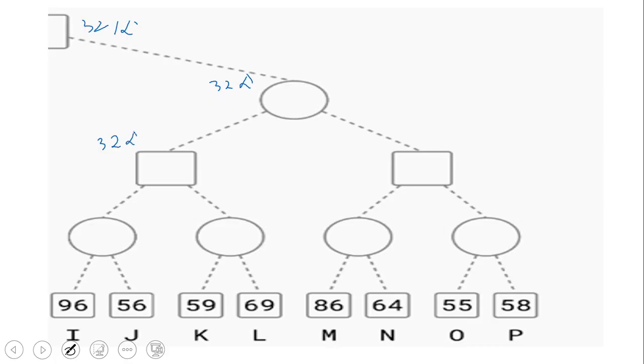At the minimum node, first 96. 96 is less than infinity, so it will update to 32, 96.